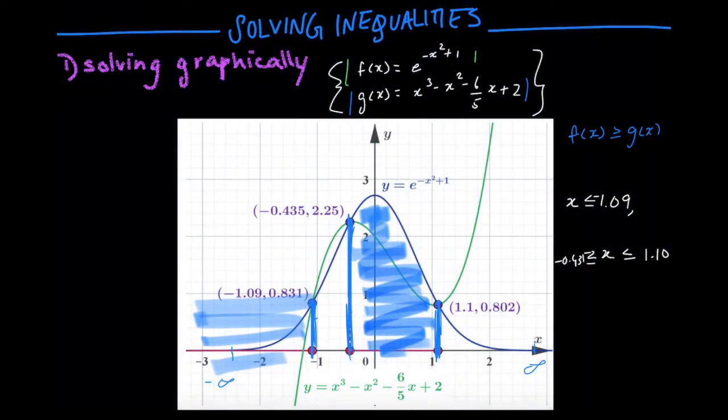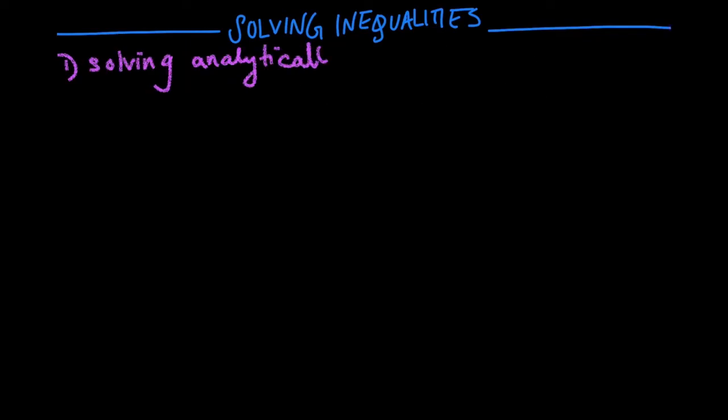And that is it for solving graphically. We just need to plot it in our graphing calculator and find the intersection points. Next, what we can do is solving analytically.